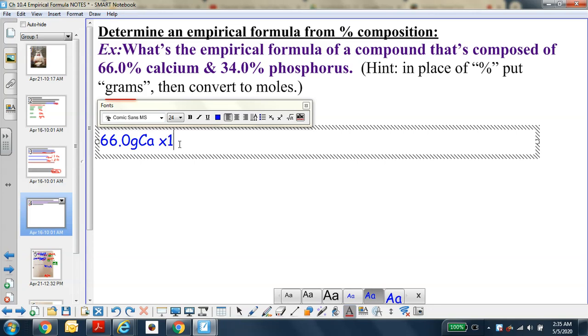So times 1 mole calcium divided by the atomic mass of calcium, which is 40.1 grams calcium, equals 1.65 mole calcium.